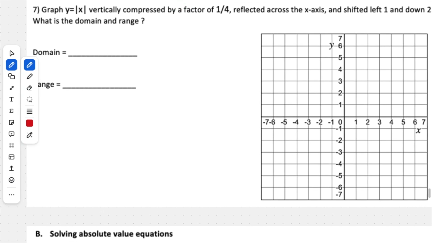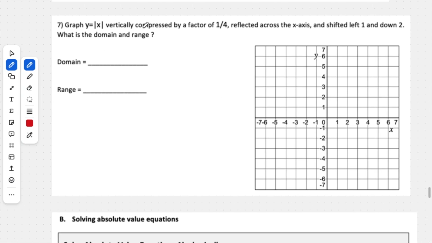So make that a little smaller again. There we go. So this one's supposed to vertically compress by a factor of 1/4, reflect about the x-axis, shift left 1 and down 2. Okay, so let's go. So that 1/4, if my regular one goes over 1 and up 1, this one's going to have a slope of 1/4, so it's going to go over 4 and up 1. So that's the shape that I'll draw, but I'll go ahead and go left 1 and down 2.